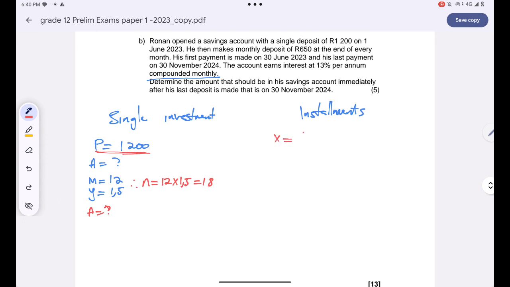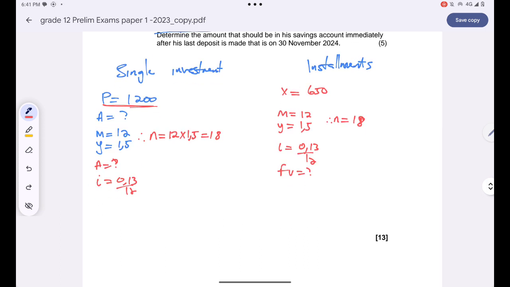The installments are 650 rands. The number of times interest will be calculated in a single year is 12. This will run for a year and a half, and hence n is also equal to 18. Interest is also 0.13 divided by 12. I forgot to write interest over there. We do not know the future amount of the investment.